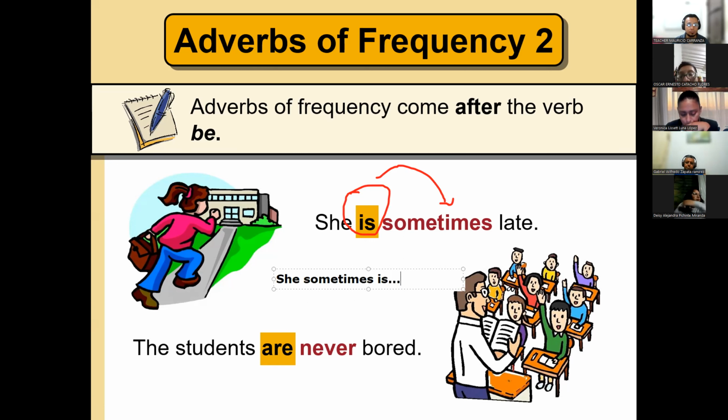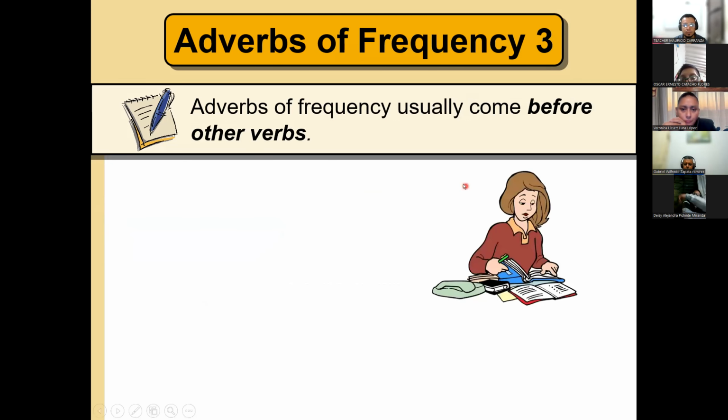You cannot separate the verb to be from the subject. The correct form is subject, verb to be, and then the frequency adverb, right? She is sometimes late. Or the students are never bored. It is incorrect if you say the students never are. Si usted se fija, no suena natural, right? So as you can notice, verb to be, and after that you use the frequency adverb, okay?